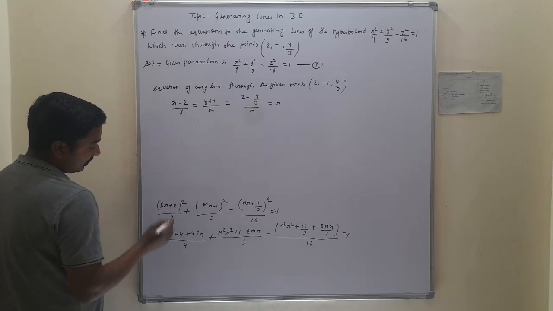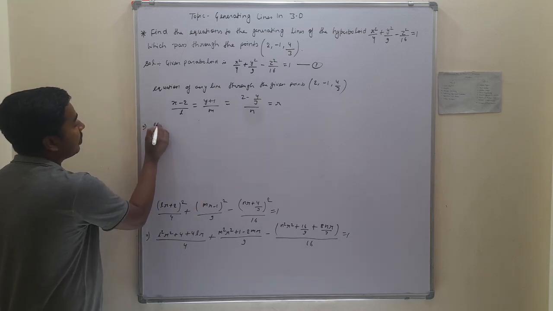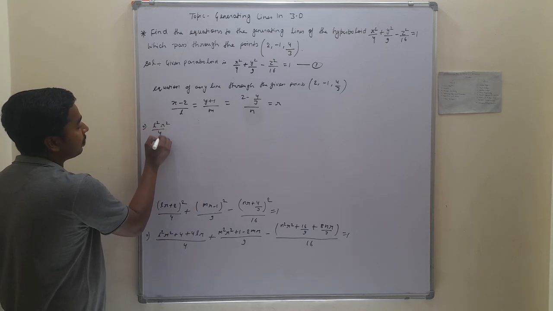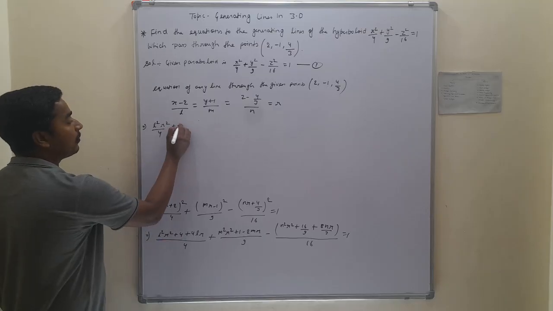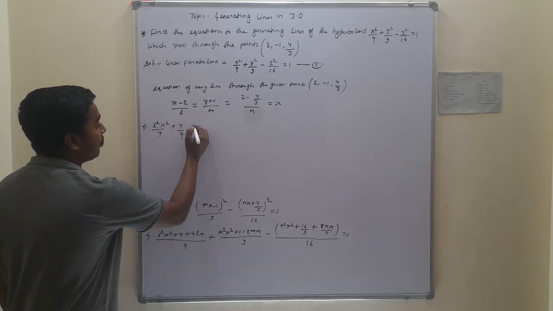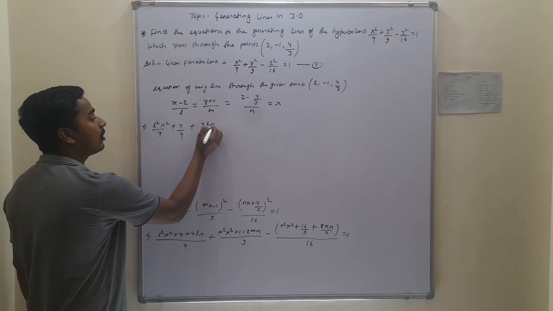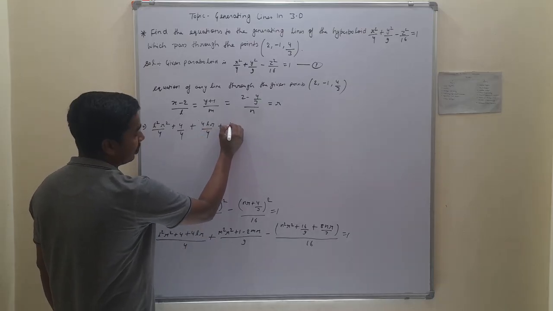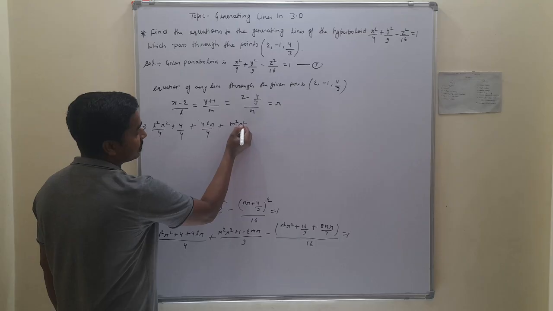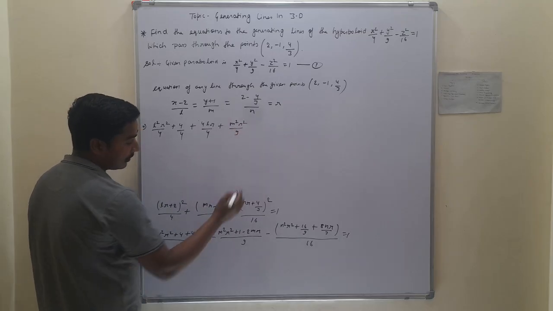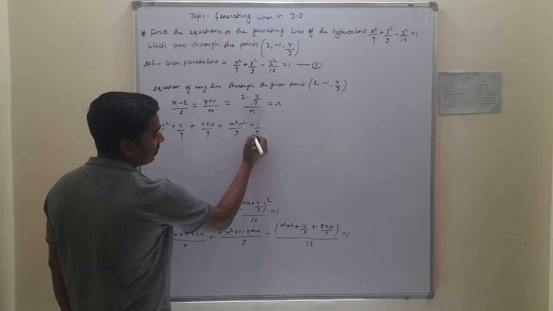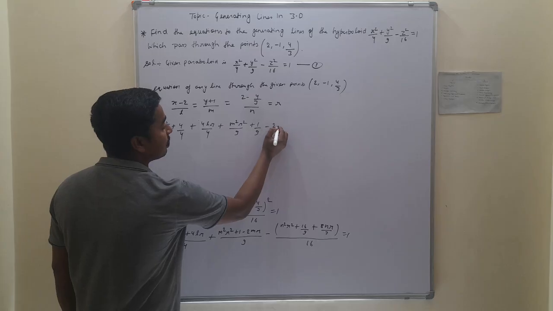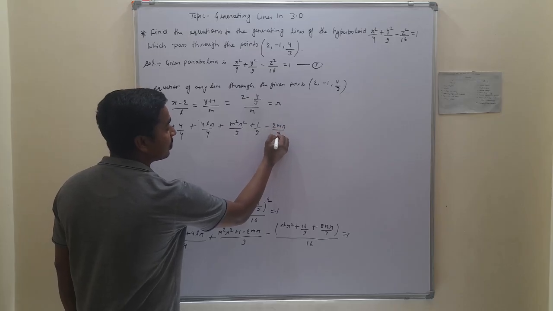Solving here, we get l square r square by 4 and plus 4 by 4 and plus 4lr upon 4. Similarly for this part we can write m square r square upon 9 and plus 1 by 9, and here minus 2mr upon 9.